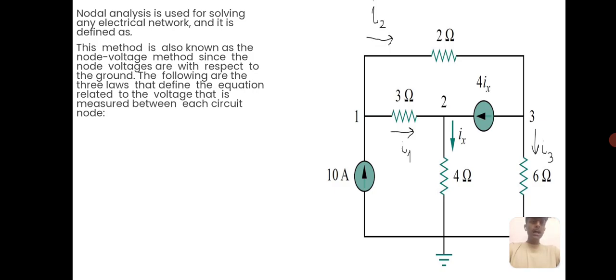Nodal analysis is used for solving an electrical network. It is very important for circuits with resistances, where the current passing is, say, 10 amperes. These connections are made with the help of KVL. This method is also known as the node voltage method.